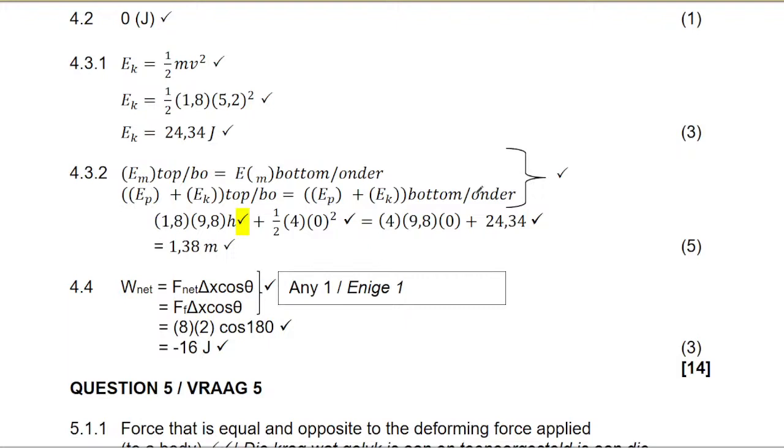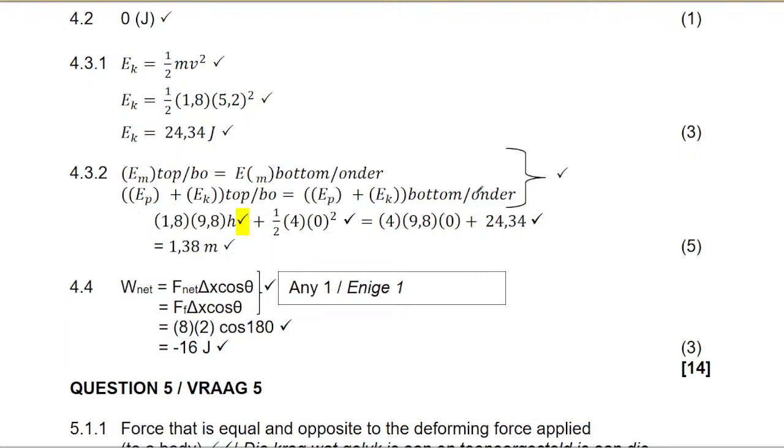Let me explain something here. 1.8 multiplied by 9.8 times the height, we are going to award that part. You see it is in yellow, this means this is an additional mark.